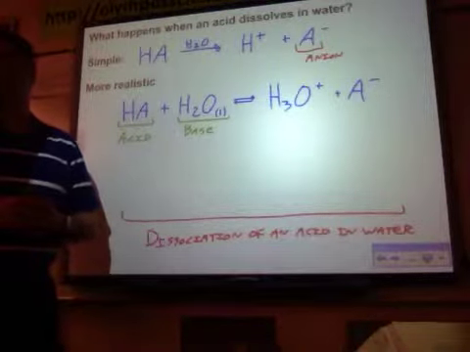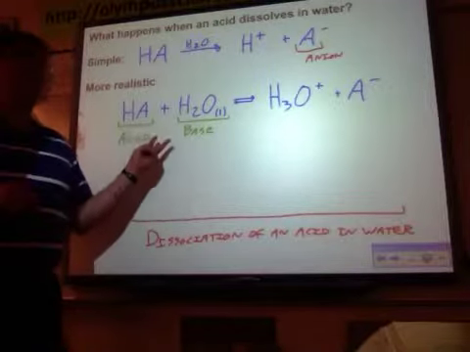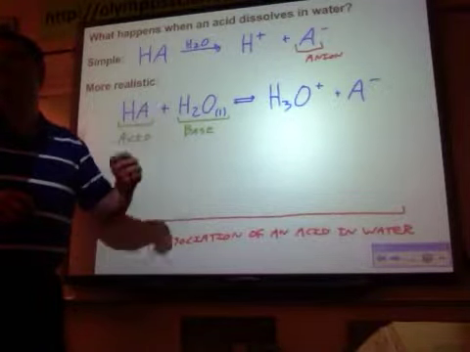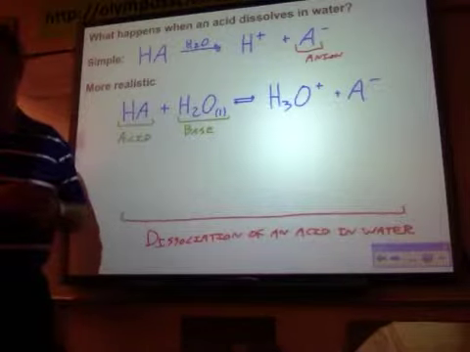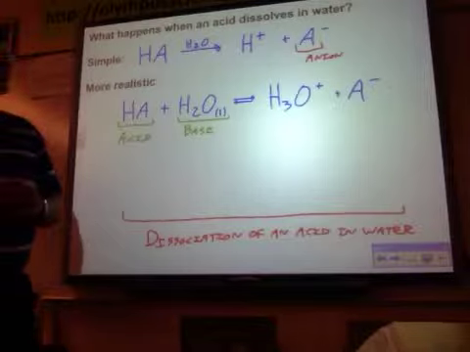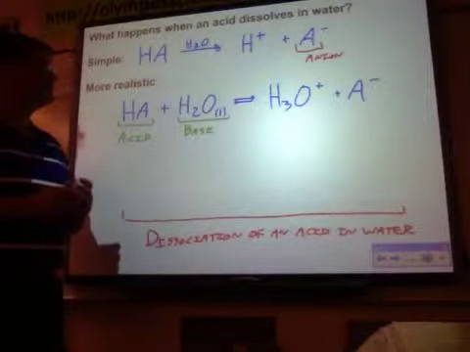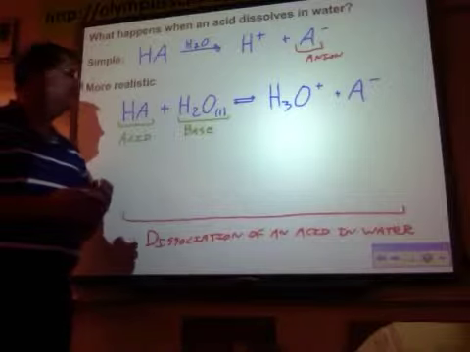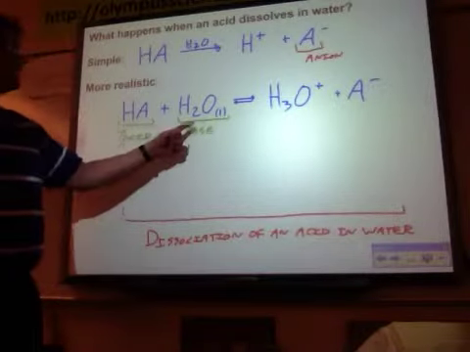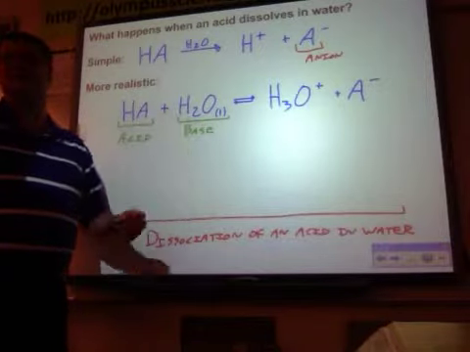Now, when this happens, the acid and the base make a couple of products. If you take the base, and I always have to be very careful when I do this, okay? You take the base and you add the proton to it.